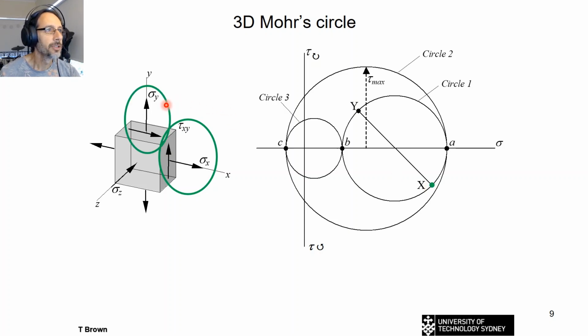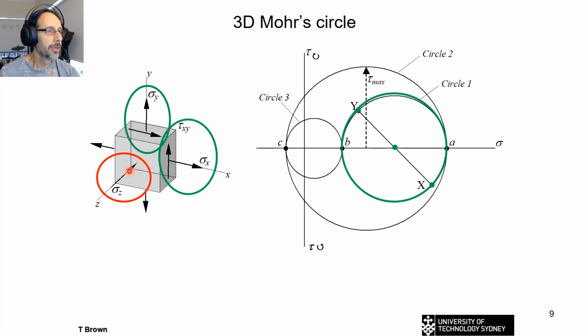Then we have this stress pair, stress in the Y direction, a normal stress and its associated shear stress, so that will be plotted here. We can also calculate the center of the circle from the average stress, so just stress X plus stress Y divided by 2. And that gives us our Mohr's circle in 2D that we've done before. Then we can work out the radius if we need to for the in-plane shear stress.